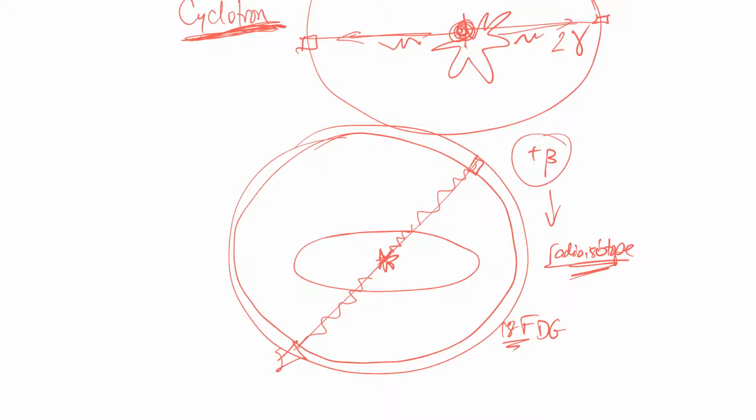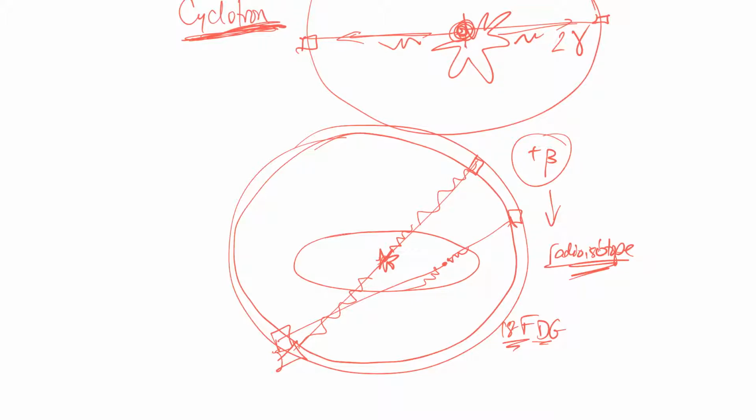FDG will produce these positrons in the body. They'll annihilate, and off come our gamma rays, and they can be detected and then traced back to exactly where that was in the body. So it's a very accurate way of mapping where these annihilations are occurring, where these gamma rays are coming from.